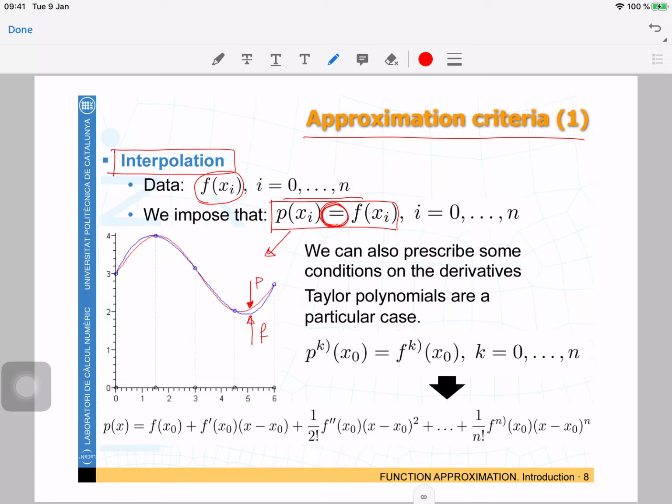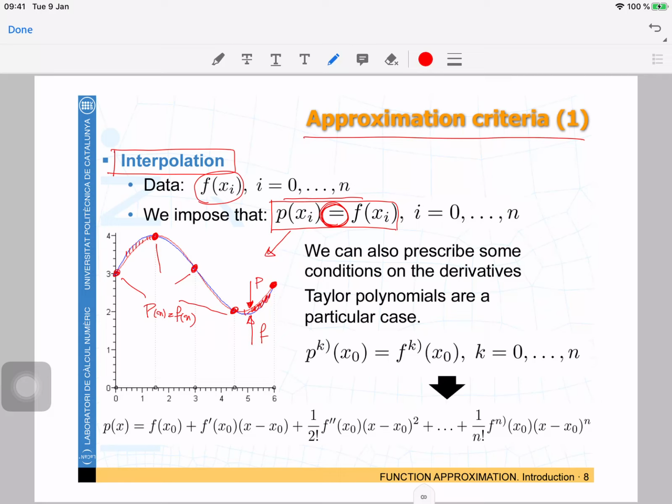You see that the red curve, which is the interpolation, exactly passes through the points and reproduces exactly the value on each point. So in all these points, p(x) equals f. But between the points, there can be a gap. As you can see here and here, there's a gap.